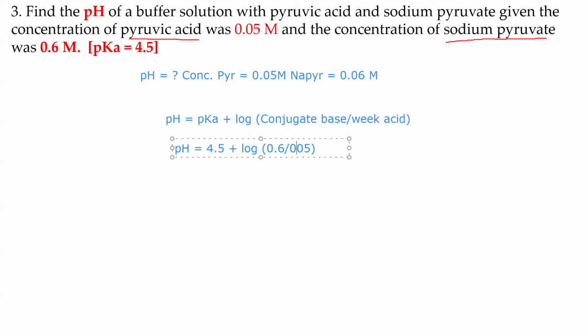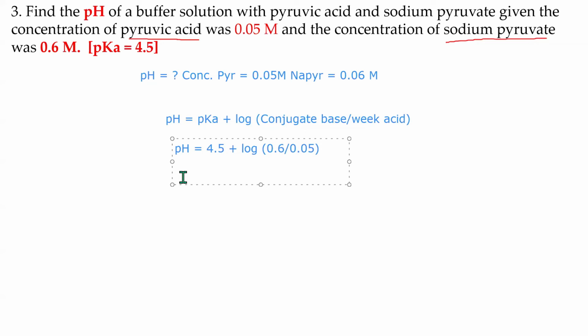Now we continue with the pH, and we need to get log 0.6 divided by 0.05.